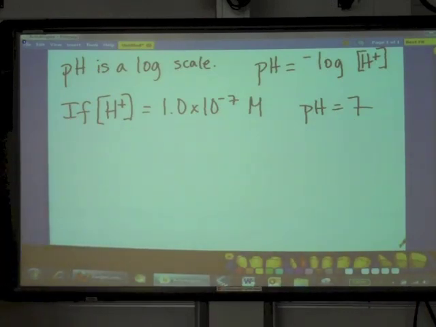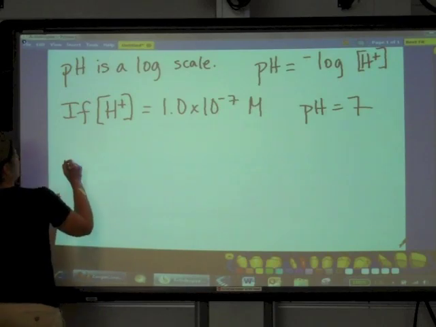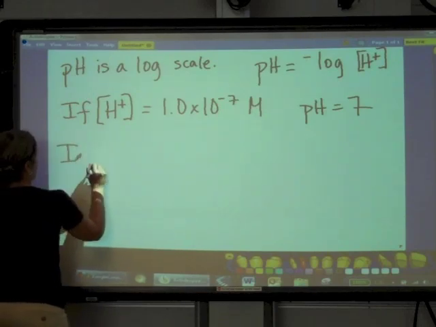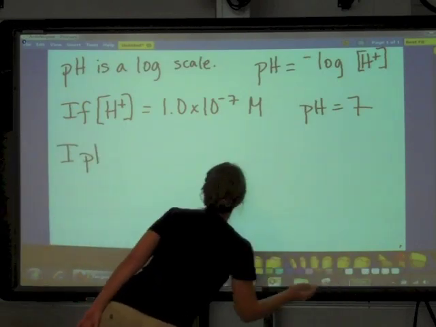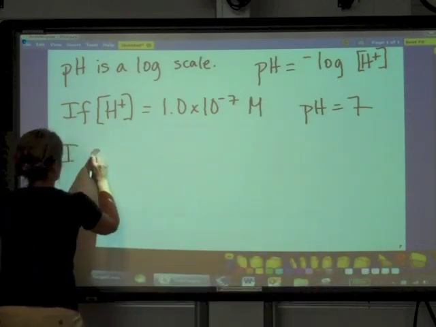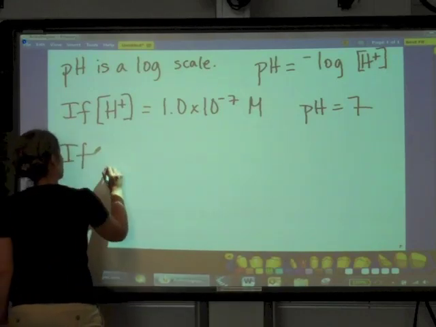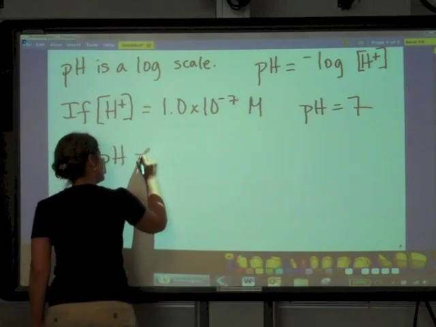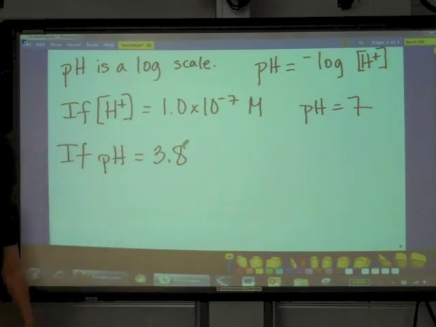Okay, now, what if we go the other way around? What if we say pH is equal to 3.8, what is the hydrogen ion concentration?